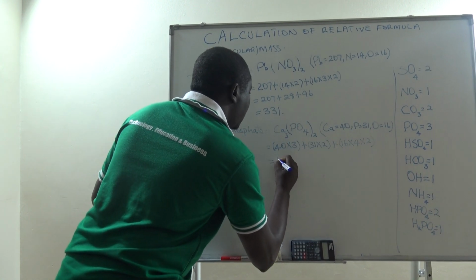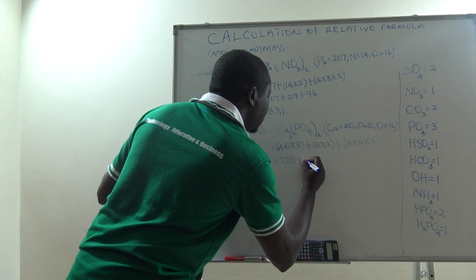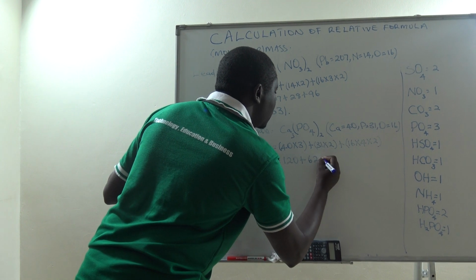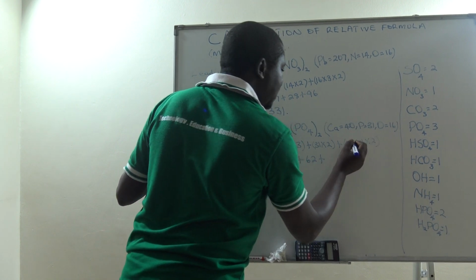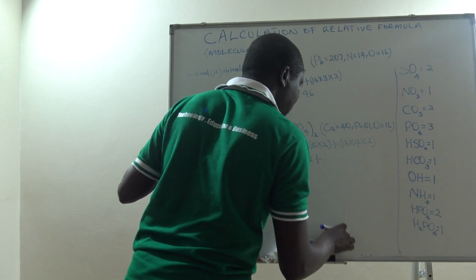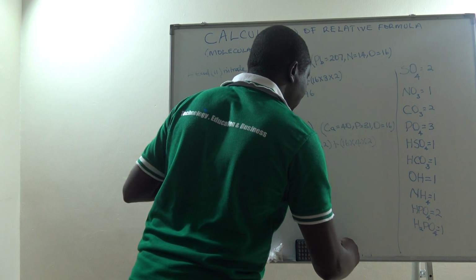40 times 3 is 120, plus 31 times 2 gives us 62, plus 16 times 4, which in this case is 64. 64 times 2 is 128.